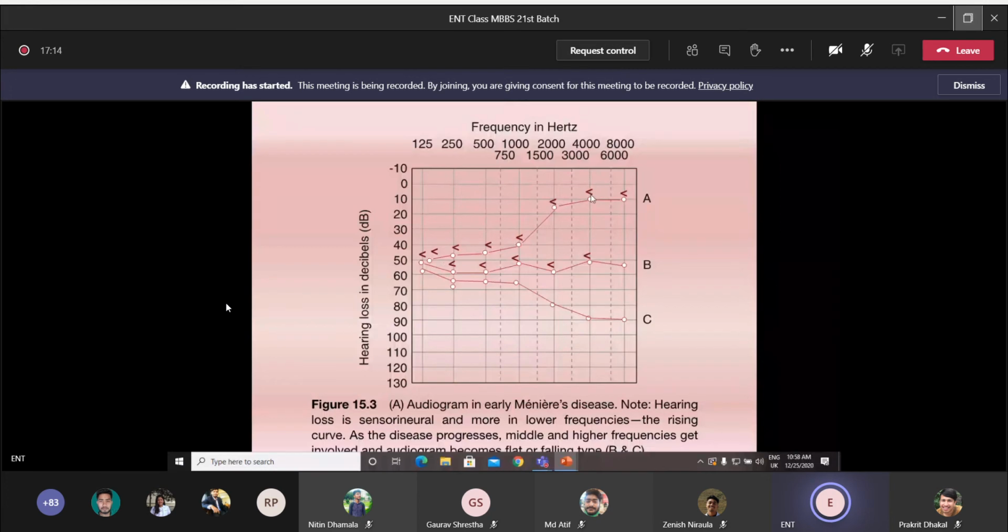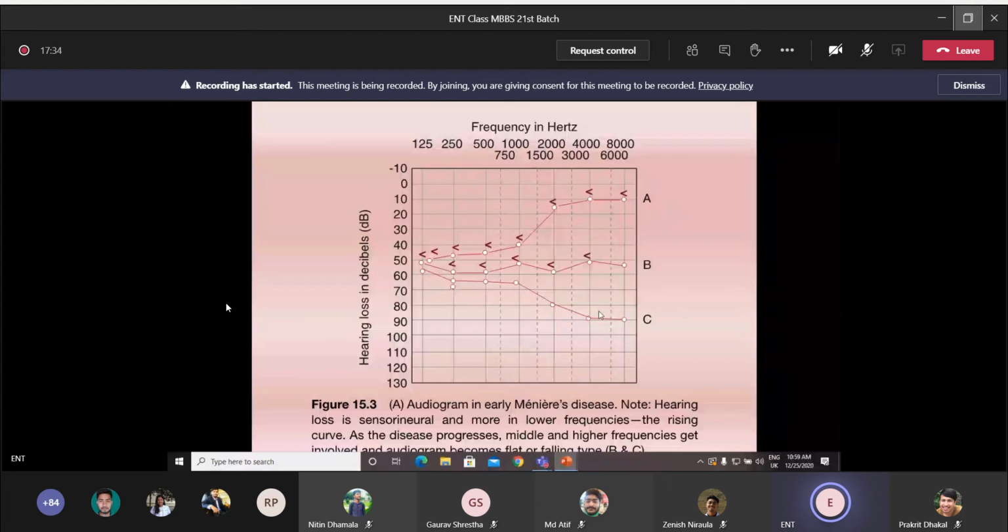As the disease progresses, there's hearing loss in the higher frequencies. So instead of upsloping, the curve becomes somewhat flattened. And as the disease goes on for several years, then you see a downsloping curve.